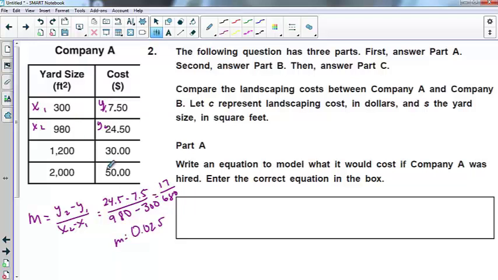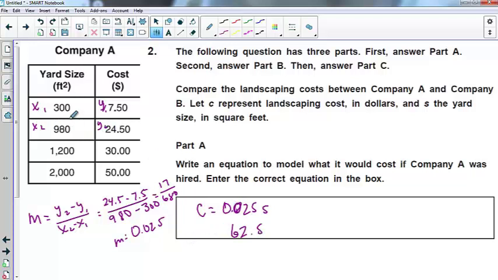So to figure out how much this company is going to charge me, all I have to do is say the cost is equal to 0.025 times the number of square feet. Does that make sense? So if the lawn is 2,500 square feet, what does it cost? $62.50? Everybody with me on that?